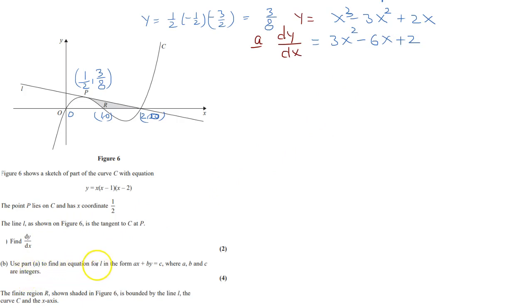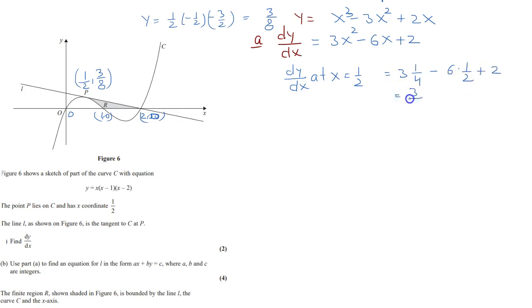Use part A to find the equation of L. This is the dy over dx and this is a tangent. So dy over dx at x is equal to half will be 3 times half square, which is 1 over 4, minus 6 times half plus 2.